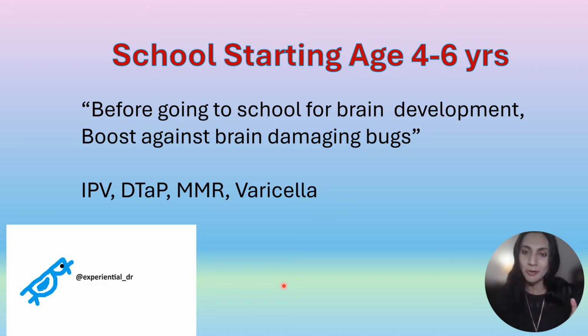This is a mnemonic that should help you remember that the viruses that can have neurological sequelae, you have to protect against them. You have to boost against them. Both tetanus and polio can cause paralysis, while varicella and mumps can cause encephalitis.